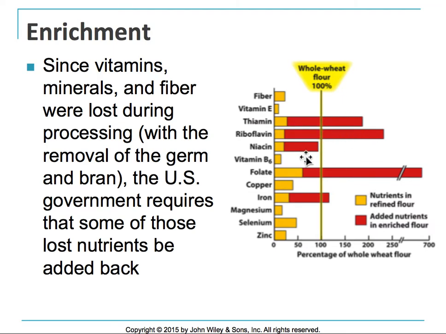And some of those you'll see are through the roof, right? Over 100%, great source of folate, great source of thiamine, riboflavin. But despite that enrichment process, not all of the nutrients are added back in, and certainly not back up to the level that they once were present in the unrefined product.